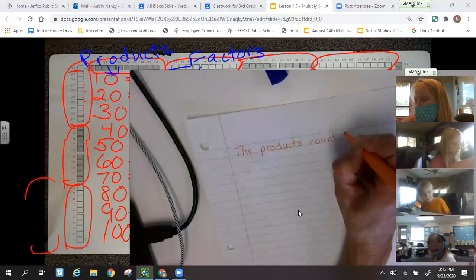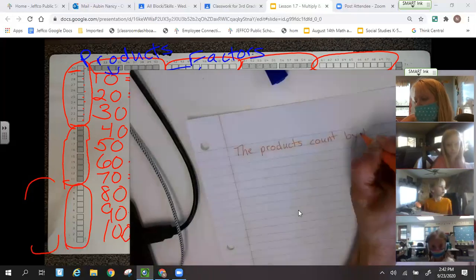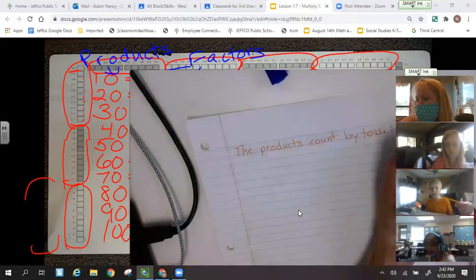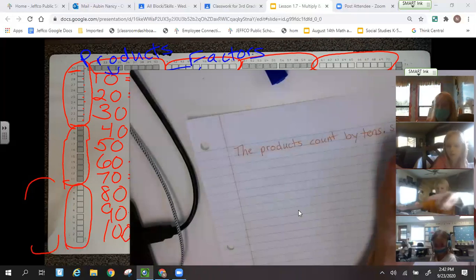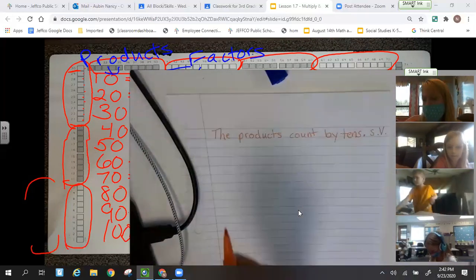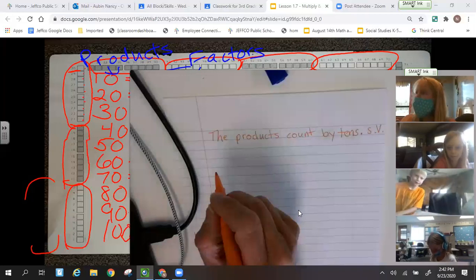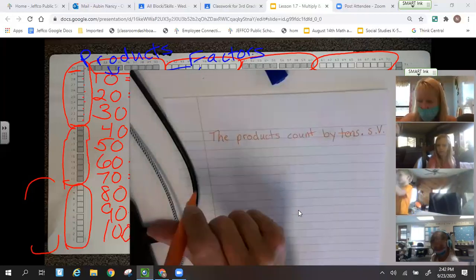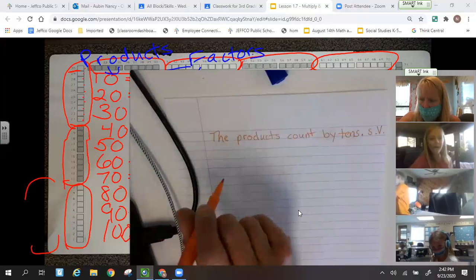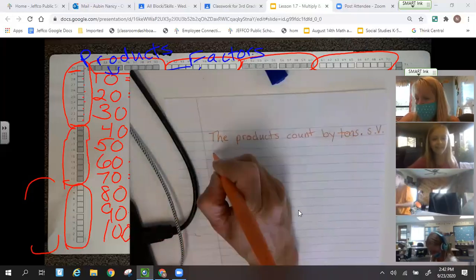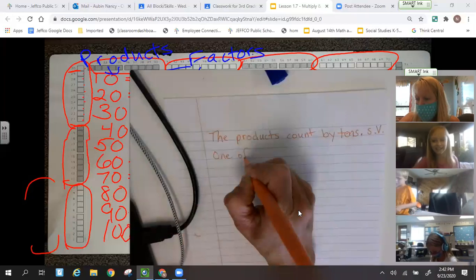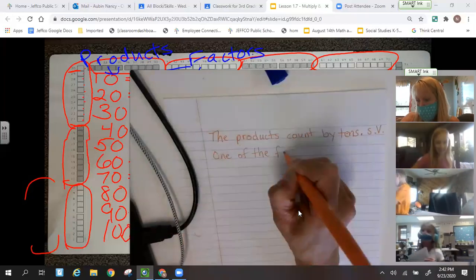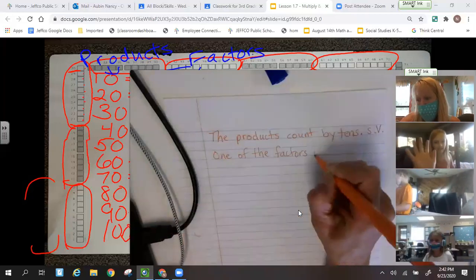If you don't have anything written, you can write this one down now. Serne said that. Marin, what else? One of the factors is always 10.